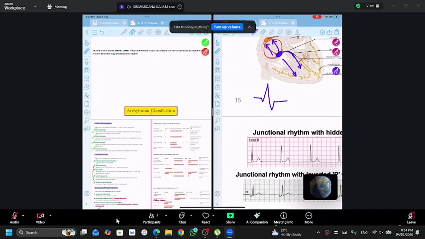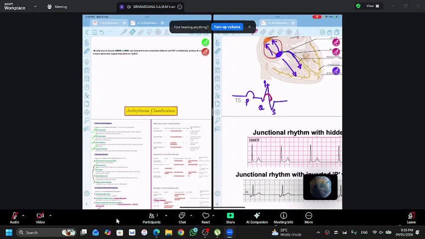Usually atrial activation is represented by the P wave, and that happens before the QRS complex. But here, because they happen at the same time, the P wave basically gets hidden inside the QRS complex because the QRS complex is much larger.